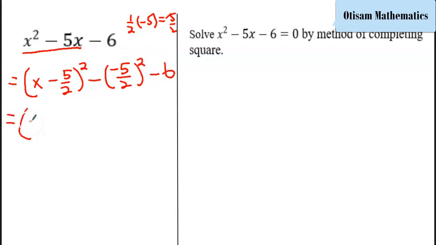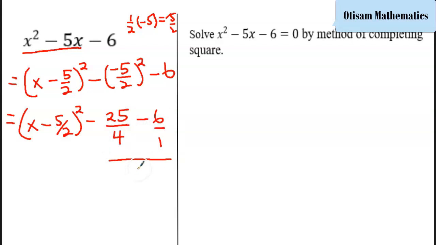So let's simplify. x minus 5 on 2 all squared, minus, we have, this is 25 on 4 minus 6.